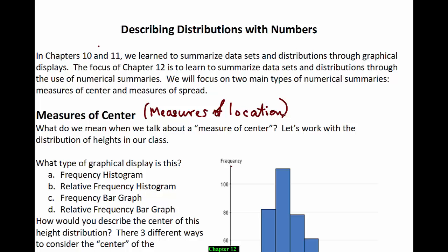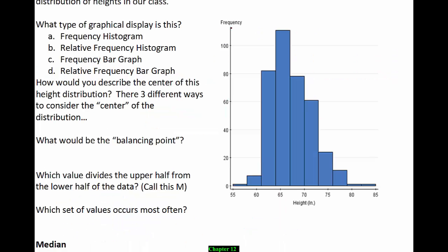So let's work with an example first, and let's look at this histogram on the right. What type of graphical display is this? Well, we've already ruled out that it's a bar graph, so we can cross out C and D. Now, how did we know that this wasn't a bar graph? Well, bar graphs have the bars denoting categories, categorical variables.